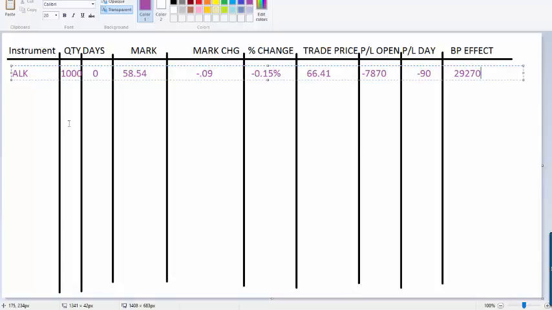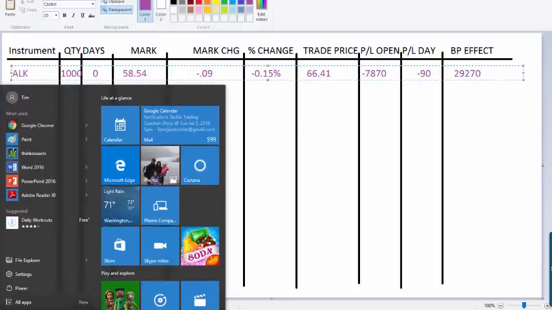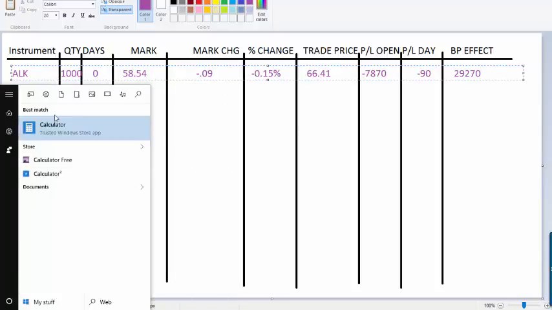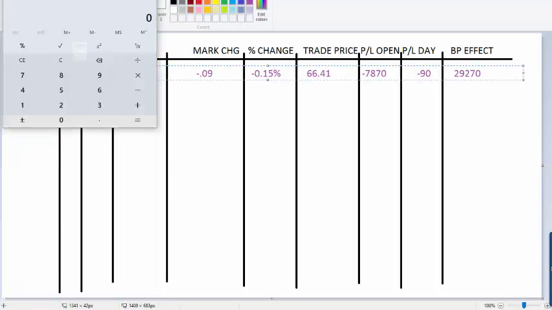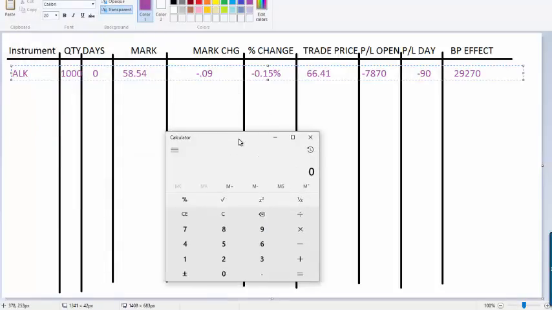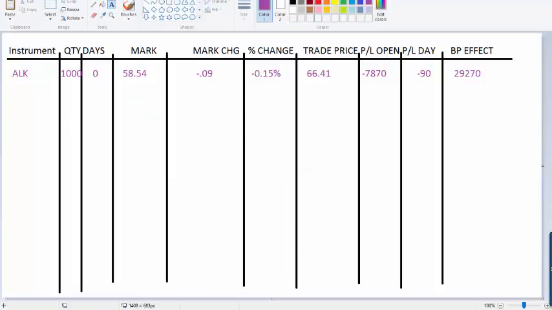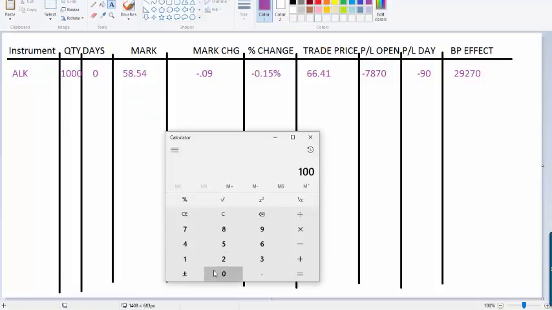Now, if this were not a margin account, the BP effect would have been double because ALK, and I'll just grab a calculator here. If we just took the basic math in the trade, ALK, if you do 1,000 shares at 58.54 a share, well, that's 58,540.